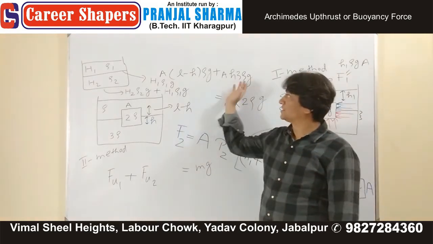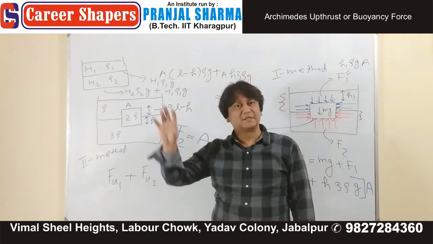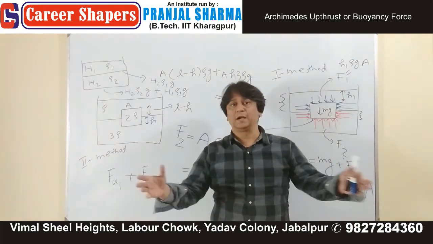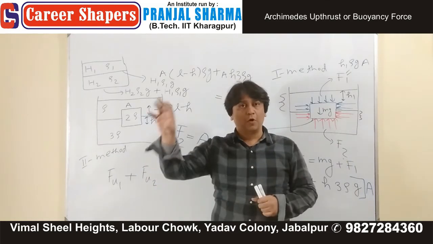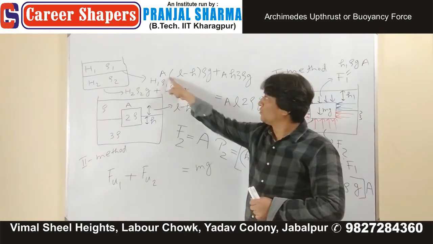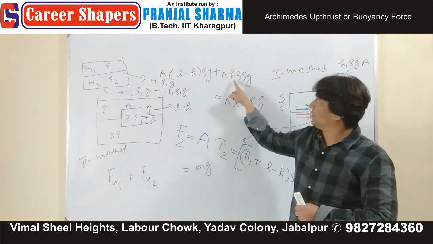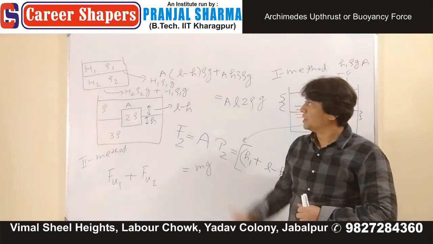On the left hand side use upthrust. If an object is inside the liquid, ultimately it is getting what, upthrust. What is upthrust? Volume which is submerged inside the liquid. We have found the volume submerged inside. Put on this.